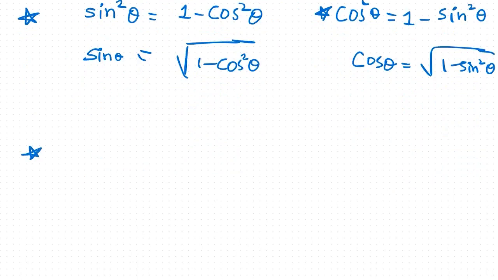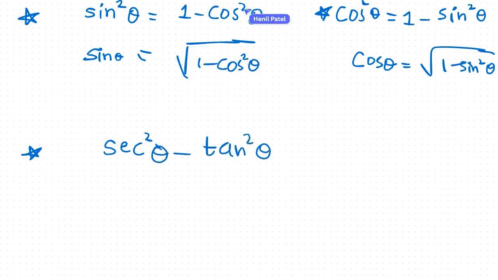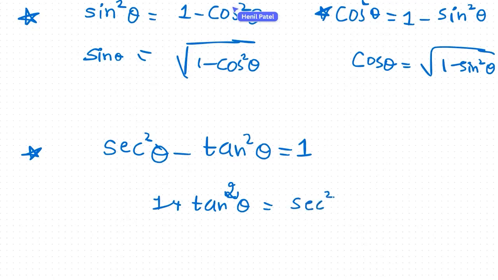The second formula is sec square theta minus tan square theta is equal to 1. Or we say 1 plus tan square theta will be sec square theta. And do you notice something?